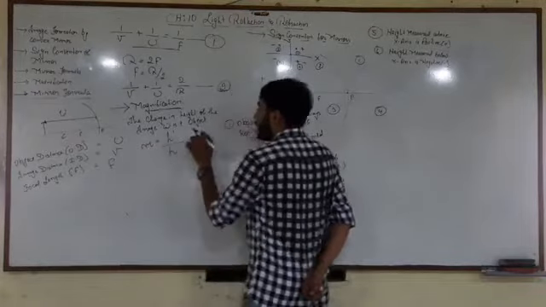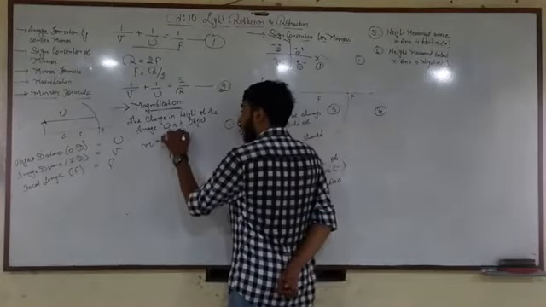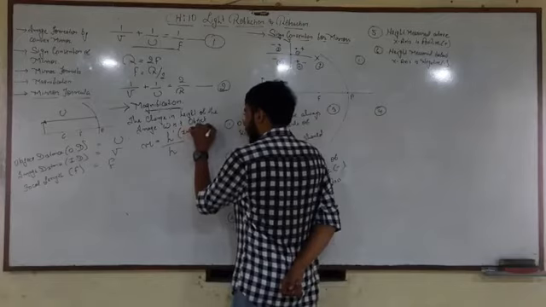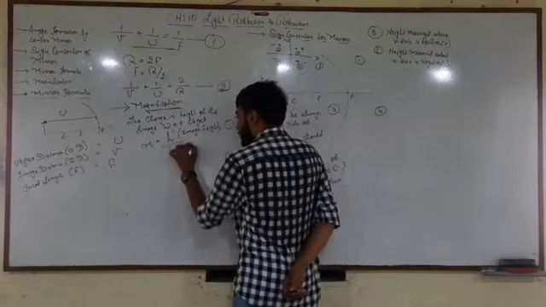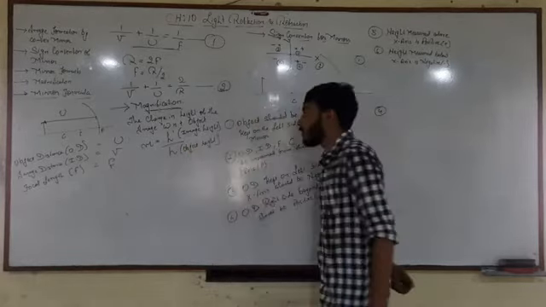Here H prime is the image height. H prime is the new height we got, and so it is known as image height. And H is what we call the object height. I hope you are clear with this.